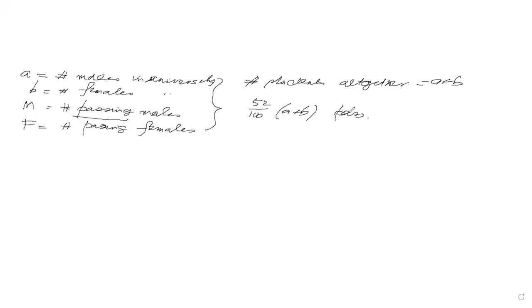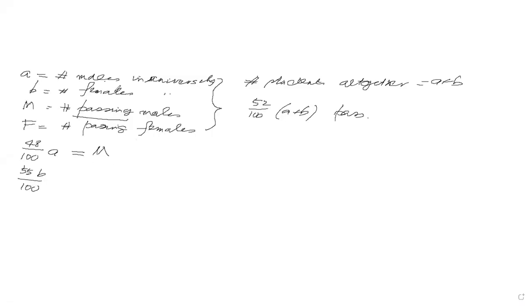Right. So just hold on with that. They say that 48% of the male students passed. So the male students is A. So 48% of the total number of male students pass, and we said we got the symbol here for the number of passing male students, capital M. So this is the number of male students who pass. And we also said that 55% of the female students pass.